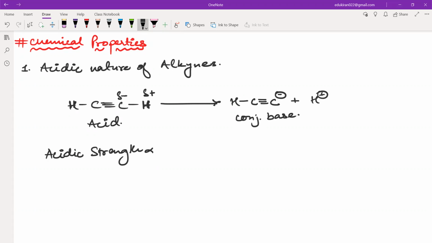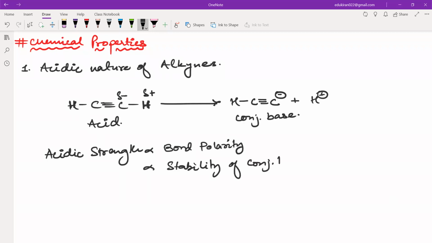The next thing is the conjugate base. If the conjugate base is stable, then this acid is going to be a good acid. So acidic strength depends on the bond polarity, and also on the stability of the conjugate base.